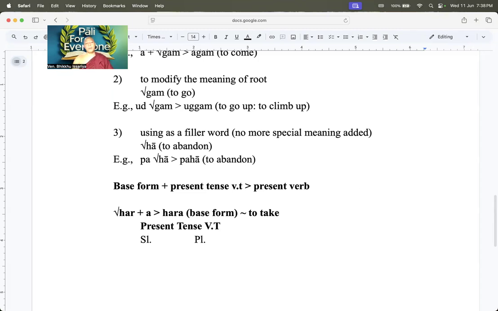Persons are also like in English, three persons. The third person, then the second person, and then the first person.